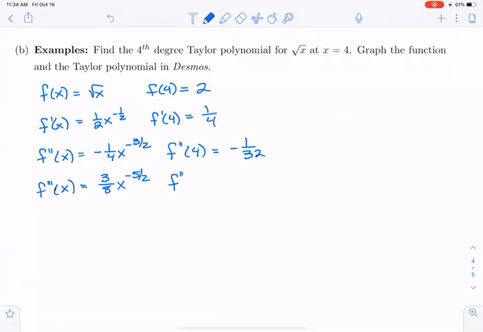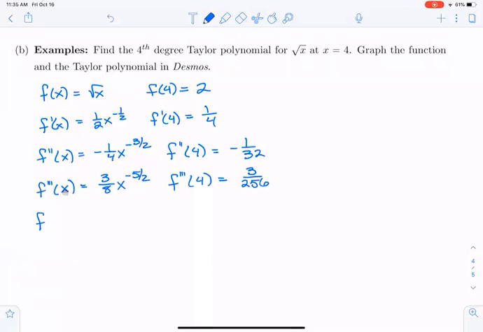So the third derivative at 4 is going to be, let's see, 4 to the minus 5/2 is 2 to the minus 5. So that's going to be 1/32. So 1/32 times 3/8 is 3 over 256, I think. Please double check me if I'm getting any of these wrong. I believe that's going to be 3 over 256.